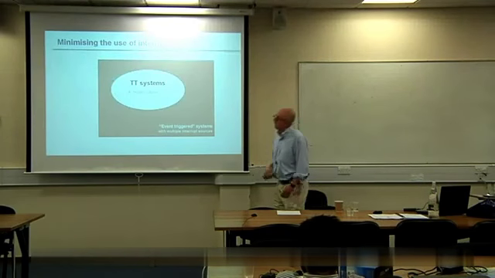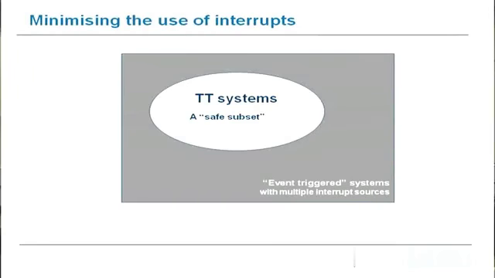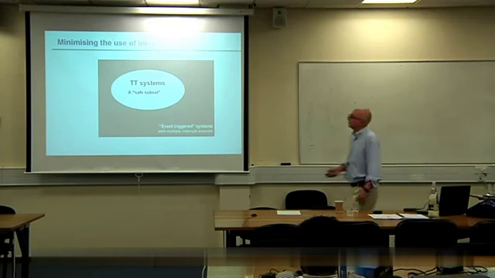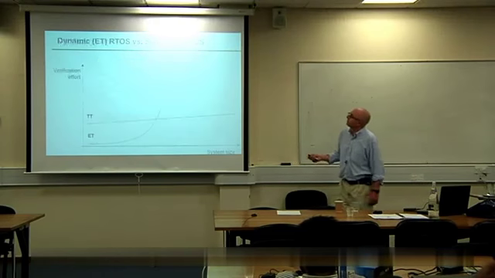So this is where we'd argue that TT architectures effectively are a bit like MISRA C. They're a subset of what goes on here. So this world has lots of interrupts enabled. In a time-triggered system, you only have a very small number of interrupts enabled in the design.